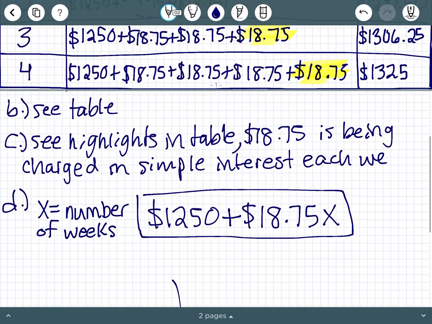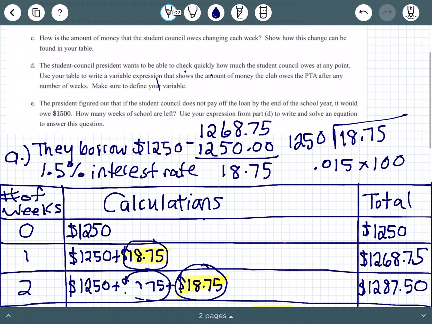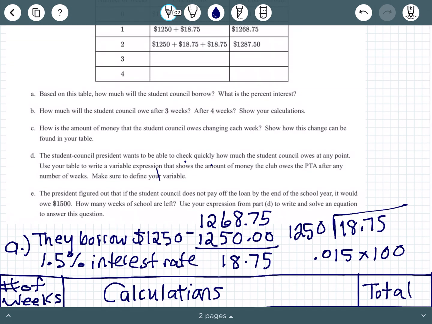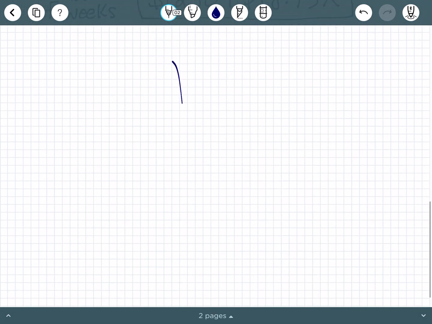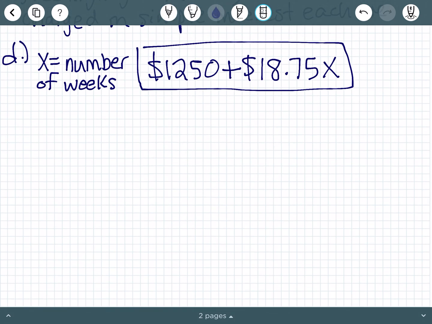Okay, part E. The president figured out that if the student council does not pay off the loan by the end of the school year, it would owe $1,500. How many weeks of school are left? Use your expression from part D to write and solve an equation to answer this question. Okay, so we are using that expression that we came up with from part D here.